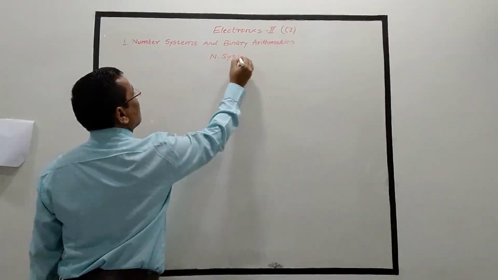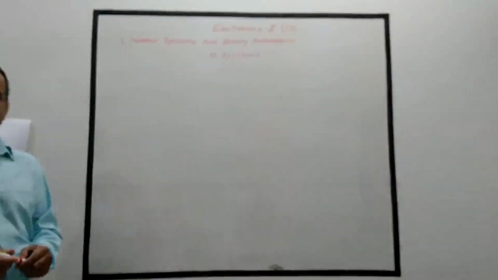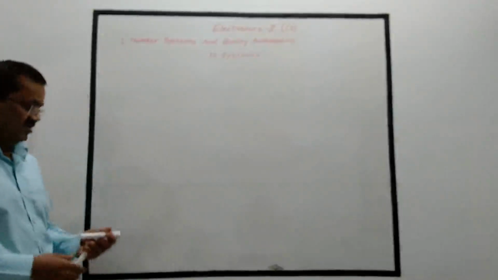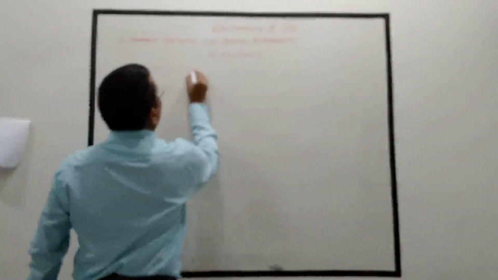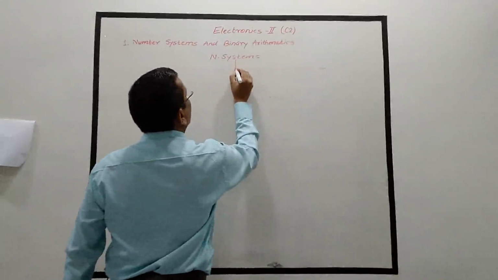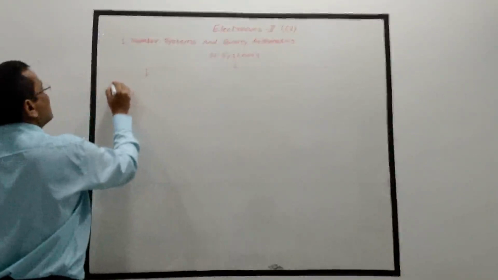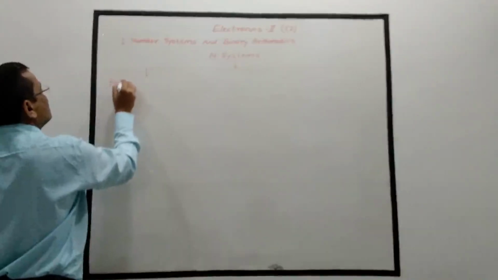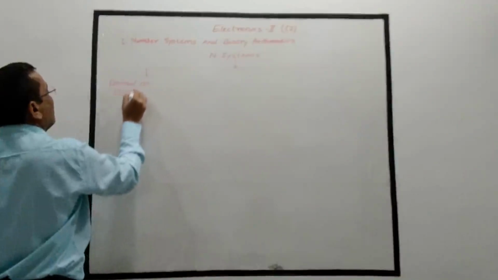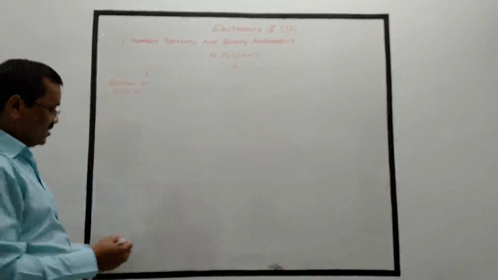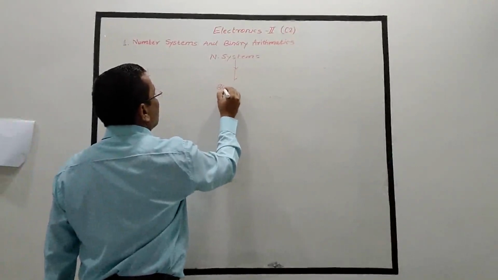Number systems are of three types. First is the decimal number system. The second is the binary number system.